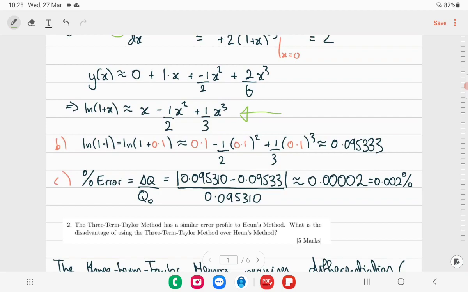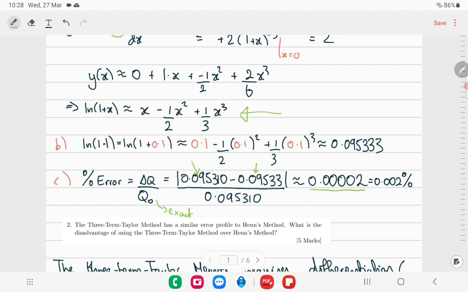So to calculate a percentage error, you take the error, the difference between the approximation and the true value, and then you divide it by the exact or the true value. It came out to be this number, and then multiply by 100%.